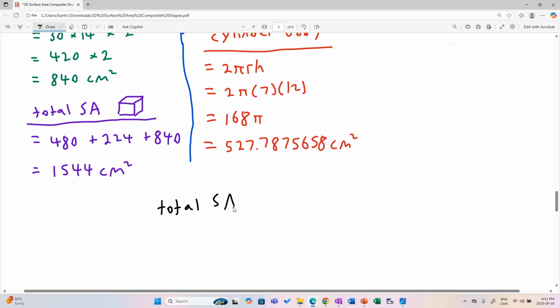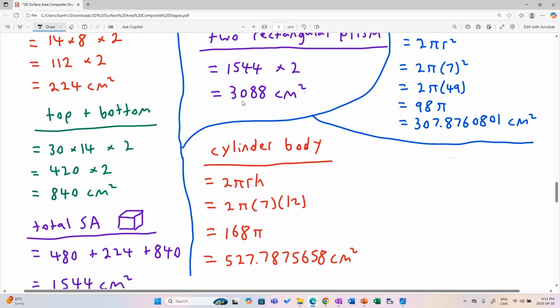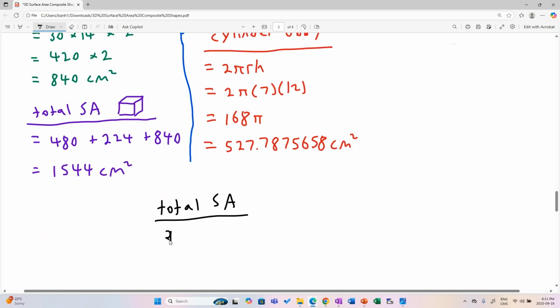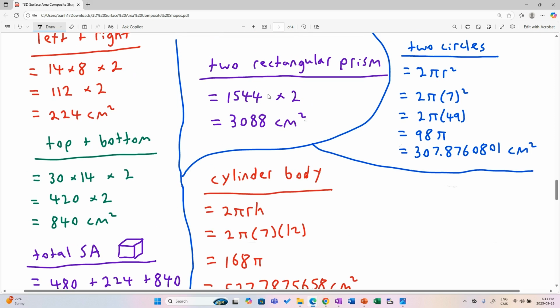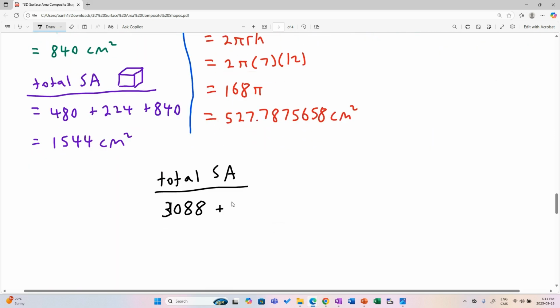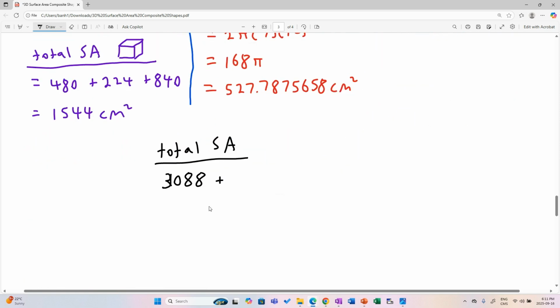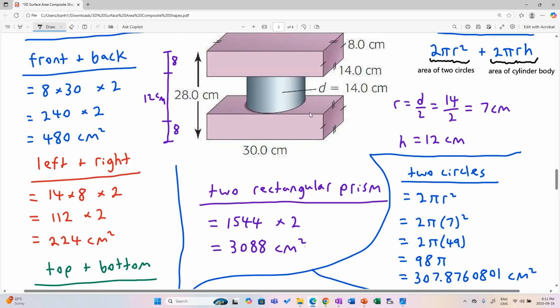So now for total surface area, I'm simply going to add my area for the 2 rectangular prisms to the area of the cylindrical body, and subtract the area of the 2 circles that are covered up.